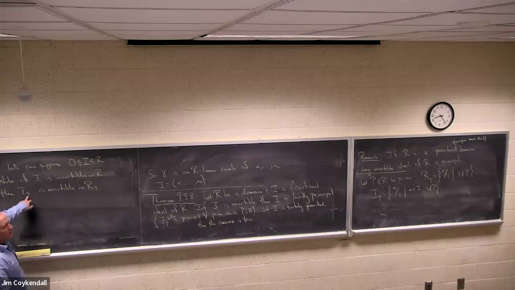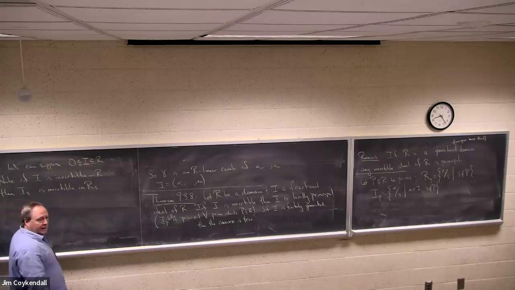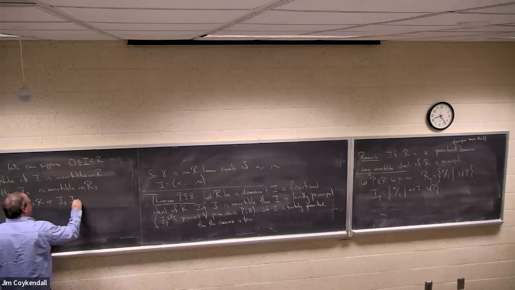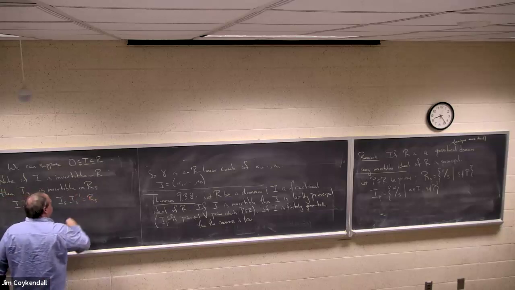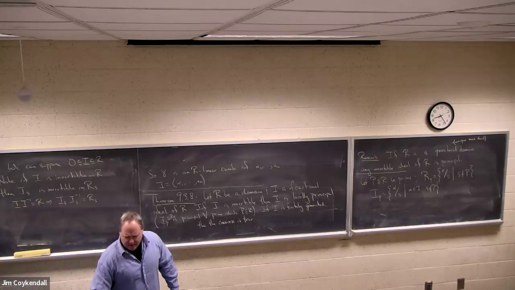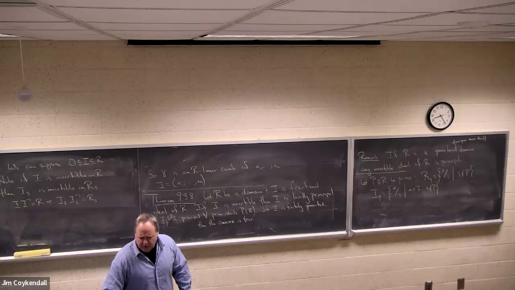This is any multiplicative set, not necessarily the complement of a prime ideal, right? This is a routine. See if you can verify this. This isn't hard to do. So this reduces us to showing that a fractional ideal of R localized at P is invertible if and only if it's principal.